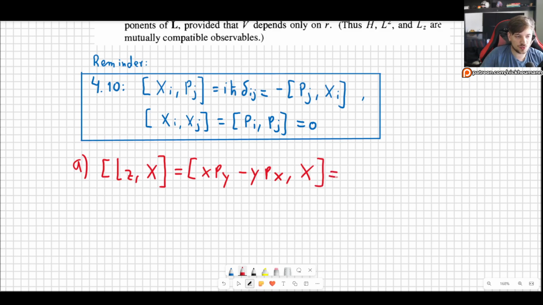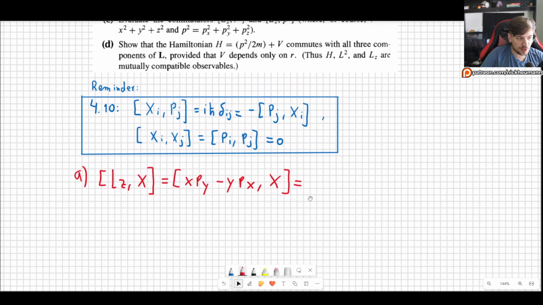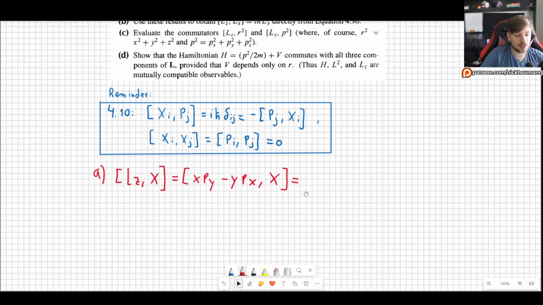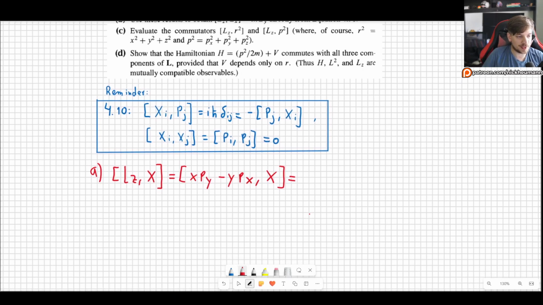Now we're going to use properties of the commutators. This is a very nice problem to practice commutator properties. So what we will do is separate this into two different commutators. We can write this as x py comma x, and then minus y px comma x.